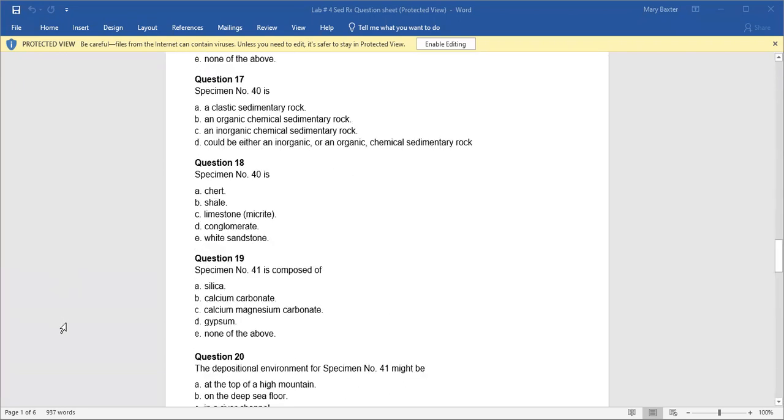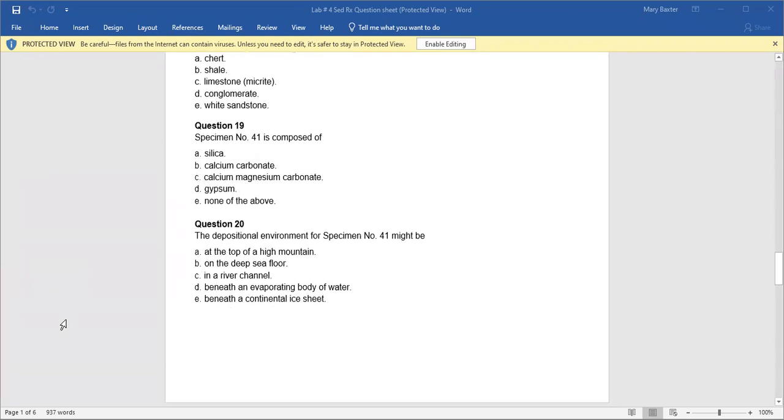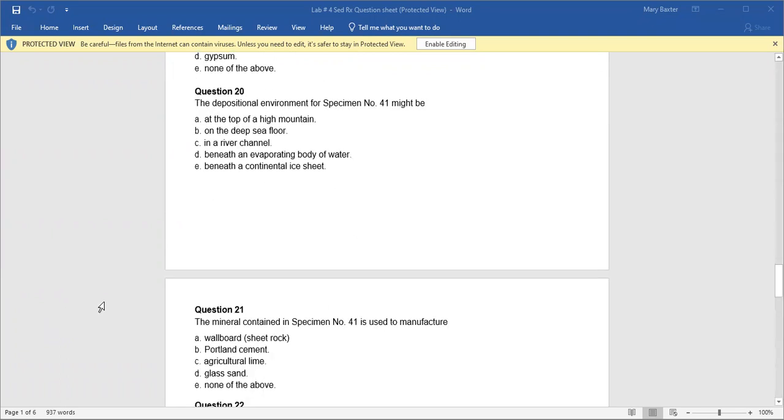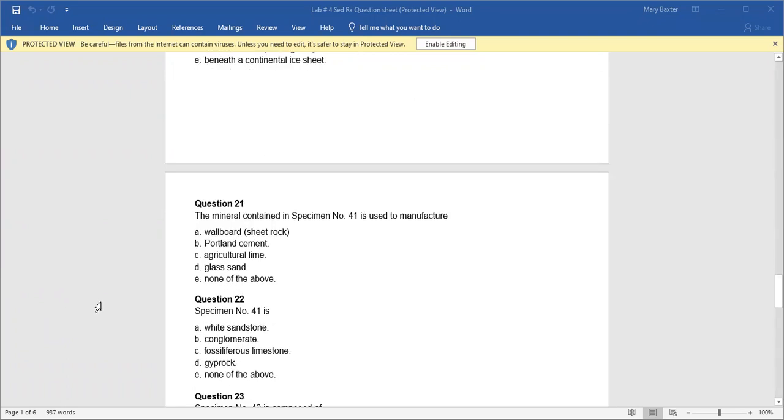Okay. Question 19, specimen 41, composed of, you can read it right off your chart that you filled out. Depositional environment, where will we find that stuff forming? And then I think it's, oh, the mineral contained in specimen 41 is used to manufacture. That information is in the informational packet. Okay, so if you have the right name, which I know we do, for that specimen 41, you will be able to figure out what the answer is there.